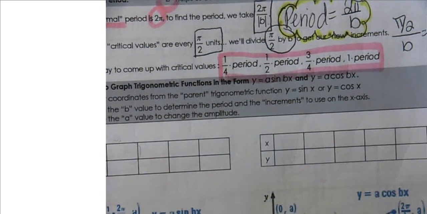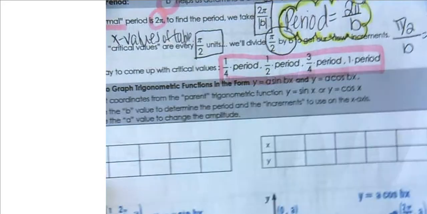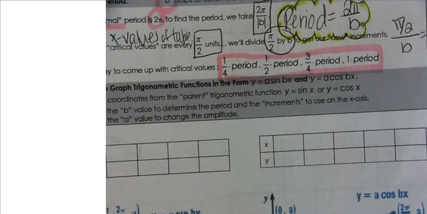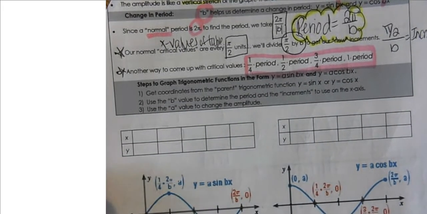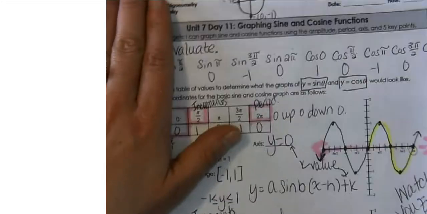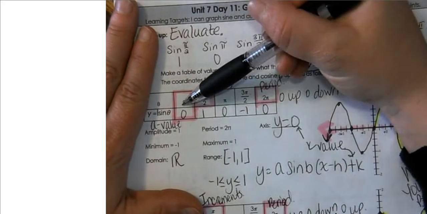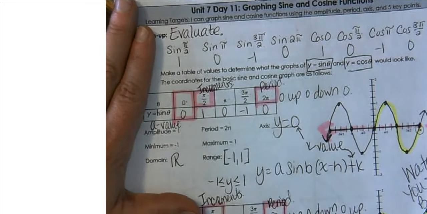And when we say critical values, we are referring to the x values of the table. Those are your critical values. Those are going to be the x values that we are going to be graphing. So the 1/4, 1/2, 3/4, and 1 of the period, let me go ahead and explain that really quick. So flipping back to the first page, notice that the x values that we used were on the quadrants.